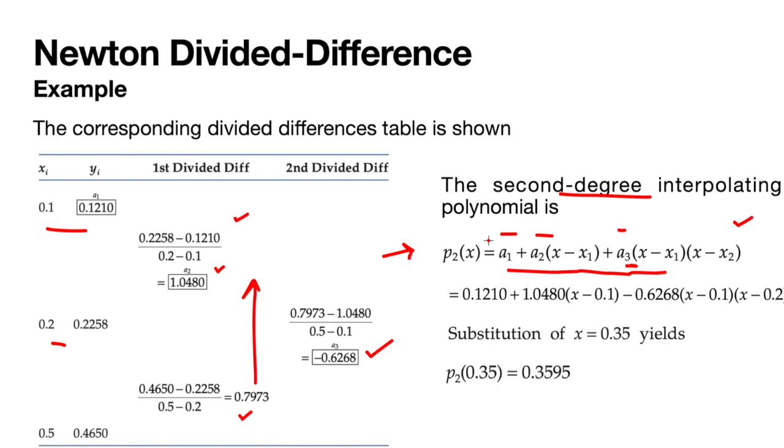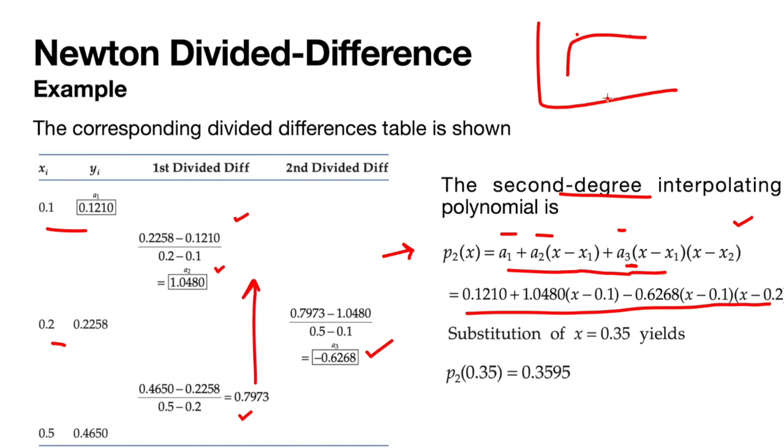So when we put these values of a1, a2, and a3 in here, we get this polynomial. This is basically the equation of the line that is passing through these points.